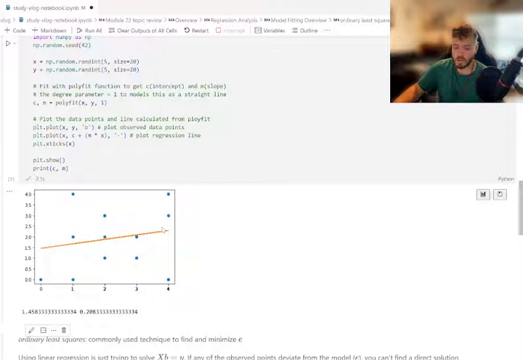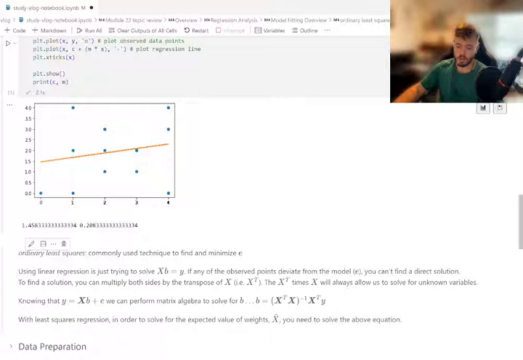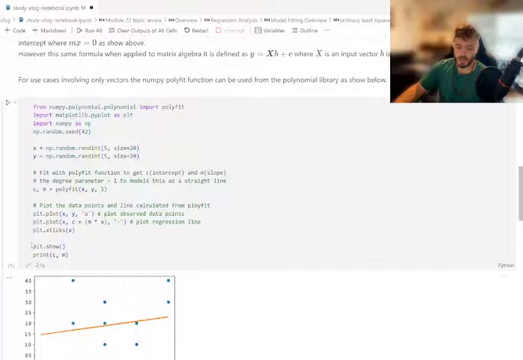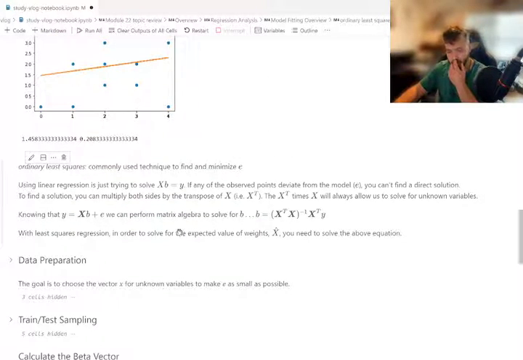It's trying to find the line where those residuals are the least. That works a lot better when the data's not random. But just to show you an example of the code, it's pretty simple stuff as far as the programming side of things goes.